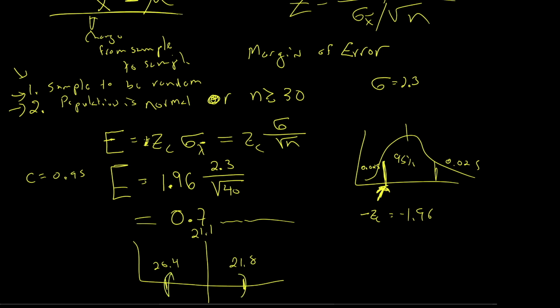I can say, and there's a couple different ways we can talk about this, that we think the mean is 21.1. Where did I write that down? Oh, I'll just peek over here. 21.1. All right.